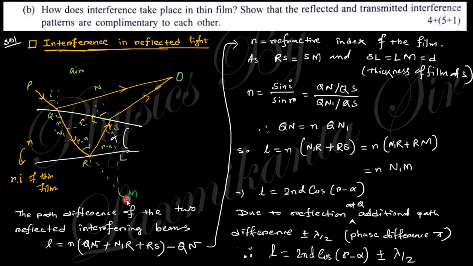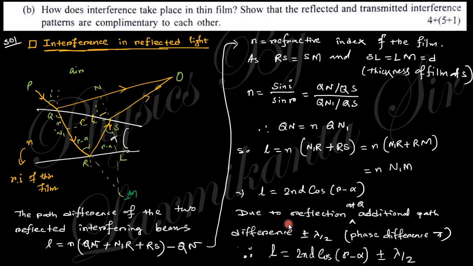So this is N1M, which is 2d cos(r minus alpha). Clear?